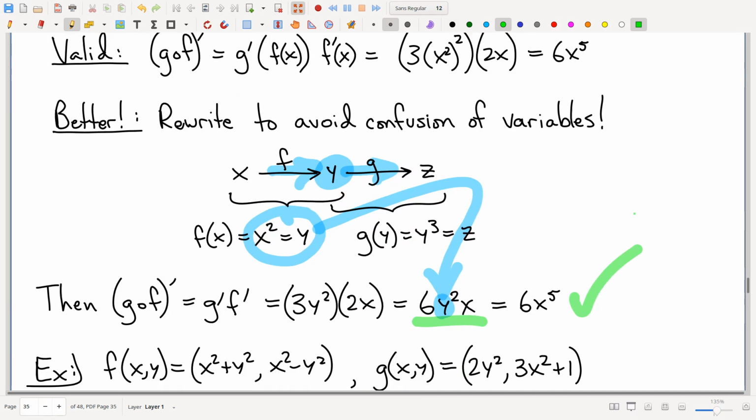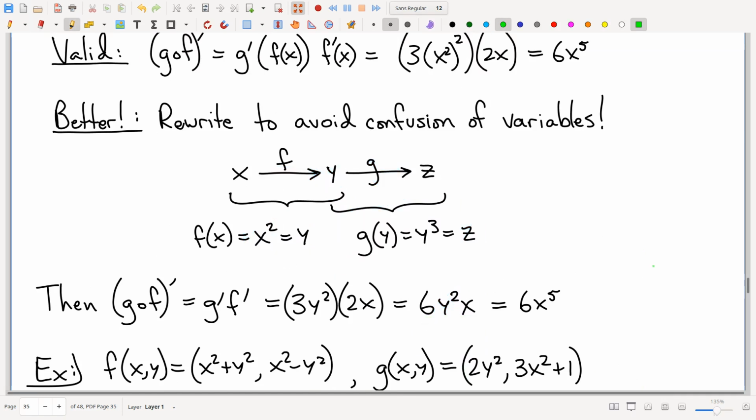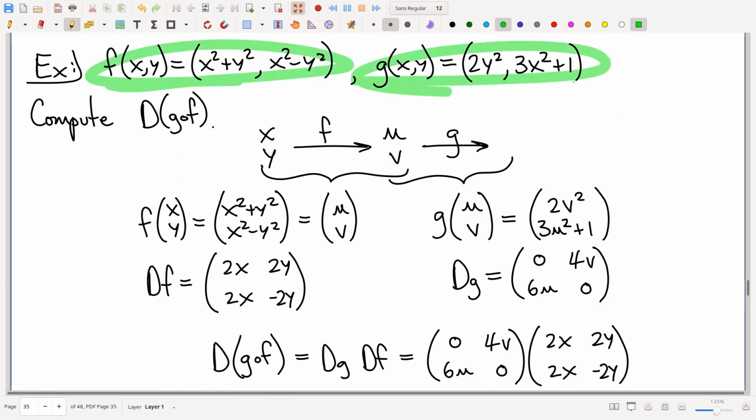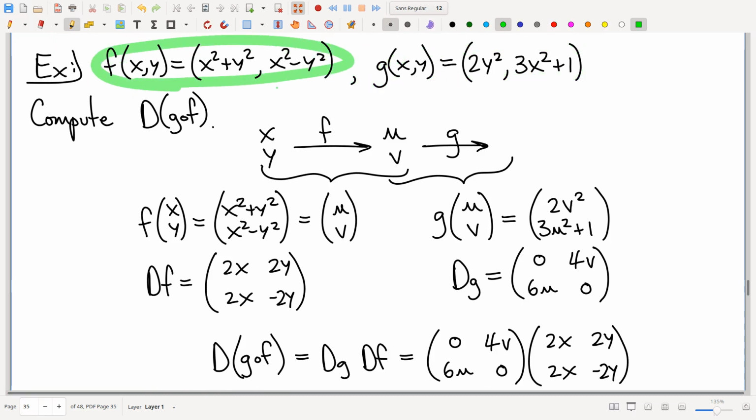Okay. All right. Now I started in the context of single variable just to illustrate the fundamentally unnatural idea of confusion of variables. But now let's apply it in a multivariable context. It's morally the same idea. Here I have a couple of functions given. And now let's avoid the confusion of variables. F is given as a function of x and y. Okay, what are we going to call the outputs? I can't call them x and y.